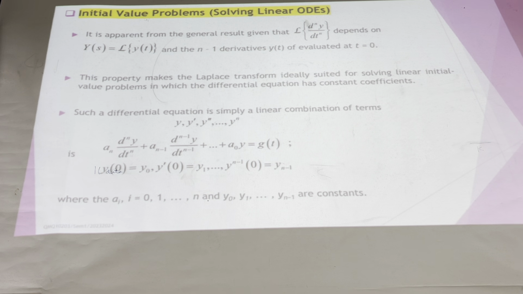That is a linear equation. You also can write the linear differential equation in terms of this function. Given that we have the order of n, you must have n initial values, from y(0) to y^(n-1)(0), all together n.